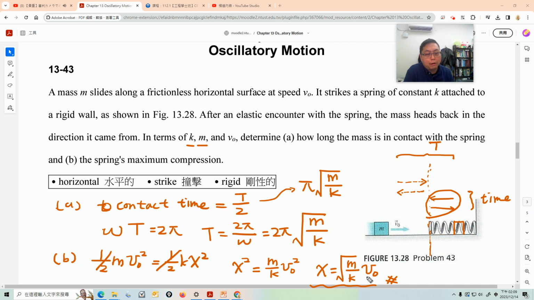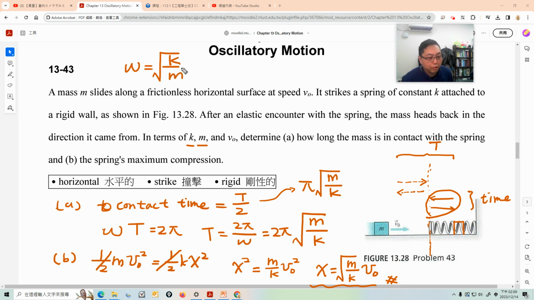I think the trick of the first problem is we can treat the system like a simple harmonic oscillation, but it's only half a period. So we can use this to calculate the half period of this motion. And don't forget this definition: omega is equal to the square root of k over m.